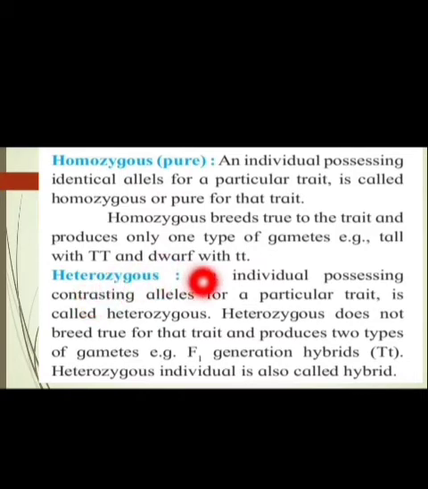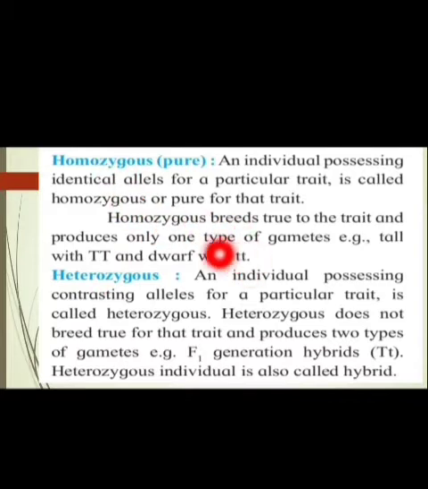Heterozygous, individual possessing contrasting alleles for a particular trait is called heterozygous. Heterozygous does not breed true for that trait and produces two types of gametes. For example, in F1 generation, hybrids, that is capital T, small t, is called as the heterozygous. See here, this capital T, these are the homozygous, right?